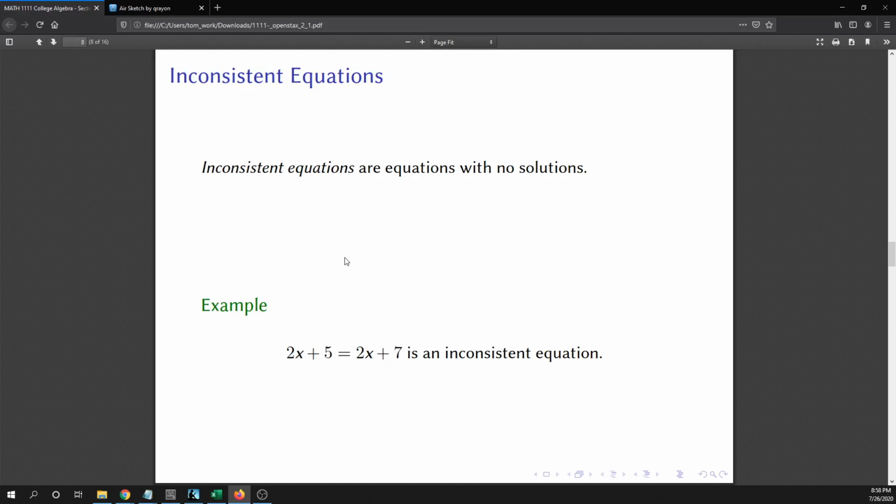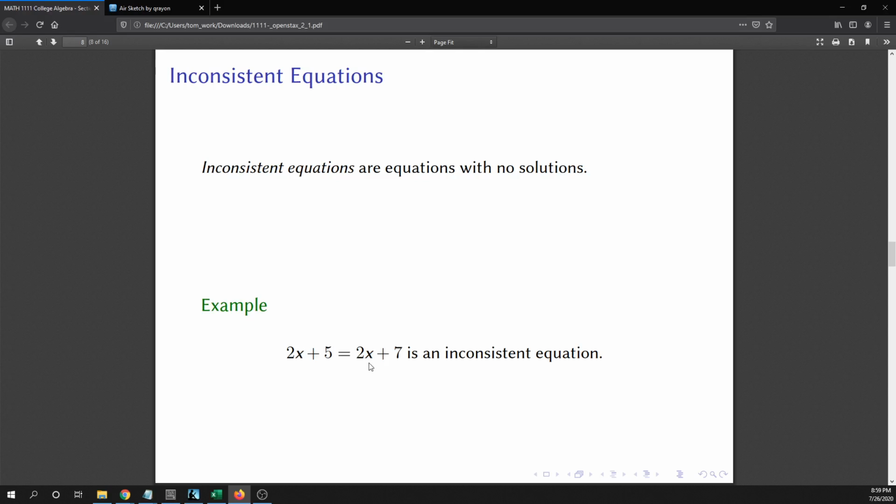All right, inconsistent equations are equations with no solutions. So here's an example, 2x plus 5 equals 2x plus 7. That's an inconsistent equation. It might not be apparent at first, but on the left side we have 2x plus 5, so whatever number we plug in for x, we multiply it by 2 and then add 5.